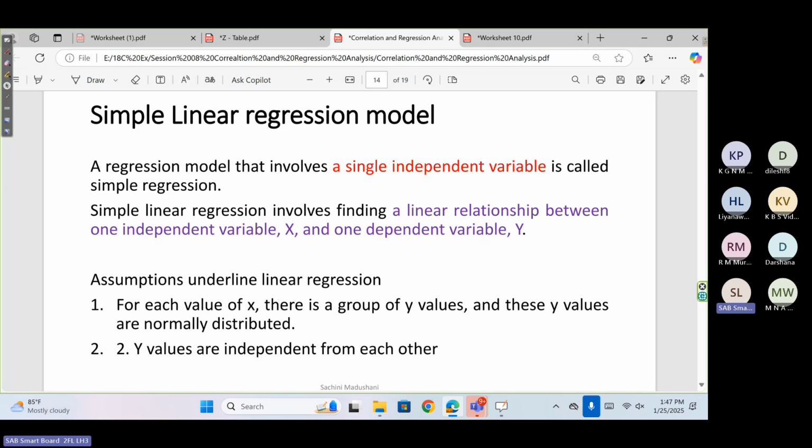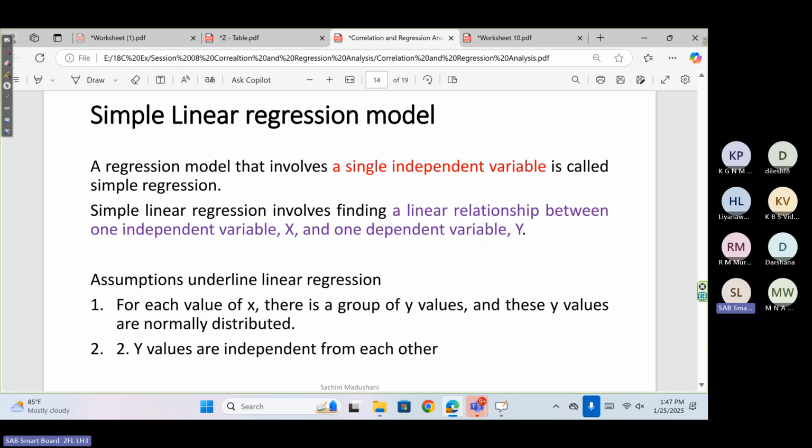First one, for each value of x, there is a group of y values and these y values are normally distributed. Here, the dependent variable should be normally distributed. The other one is that y values are independent from each other. Y is the dependent variable, sorry. Then these values should be independent.